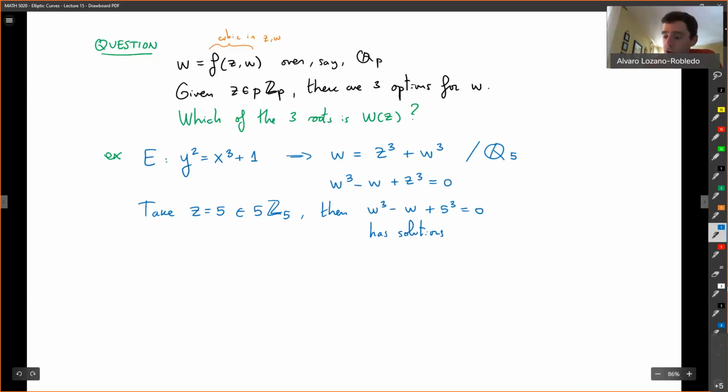There is a solution W which is actually 0 modulo 5 cubed, but there is also a solution that is congruent to 1 and a solution that is congruent to minus 1. Okay. So which one of the 3 is the one that is going to be my W?